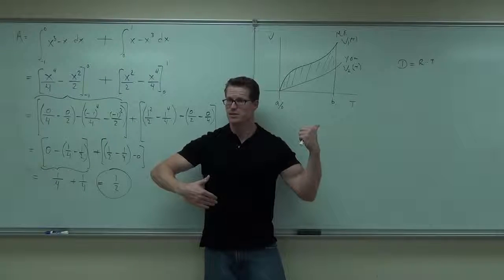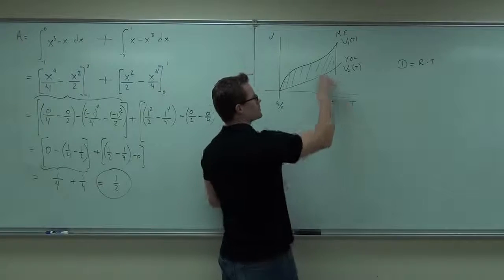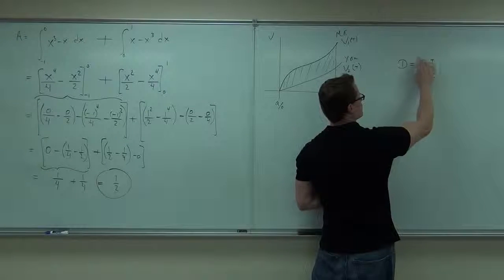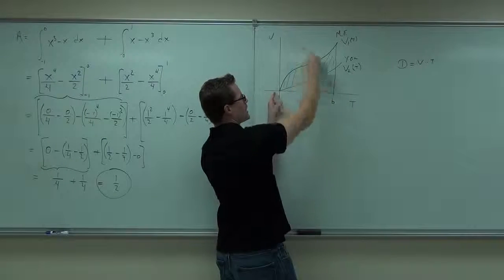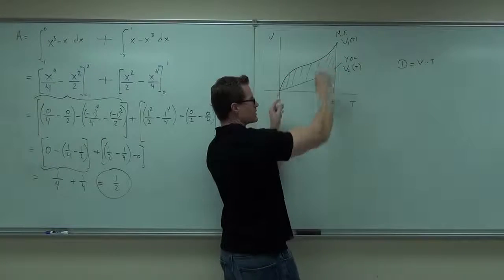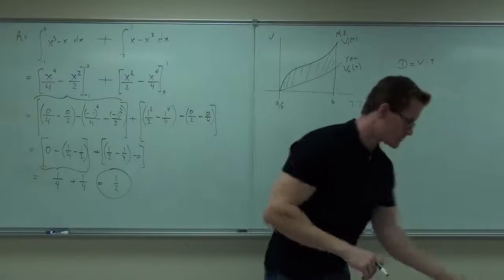But this does. If I were to find the area between the two curves, notice here, this could be a velocity. Area is velocity times time. That gives you a distance. So the area between the two curves is representing a distance between my cars.